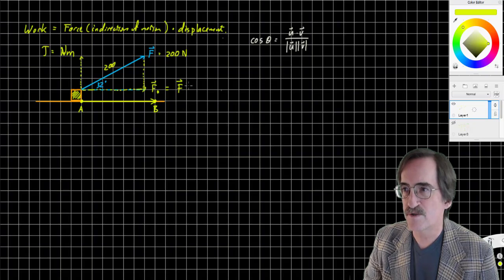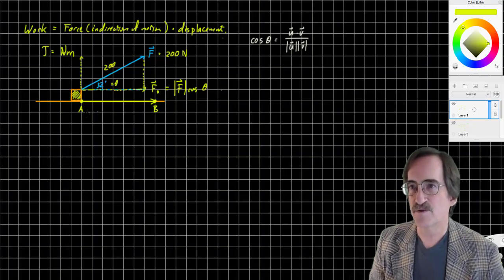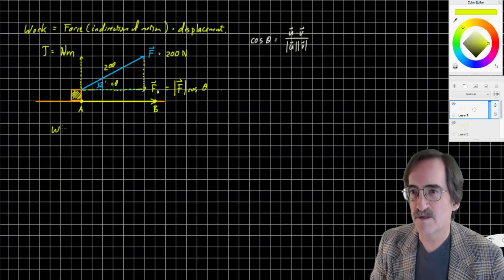It's the magnitude of the force, cosine of the angle between them. I'll call it theta. So the magnitude of F cosine theta. So work in this case is the magnitude of F cosine theta.